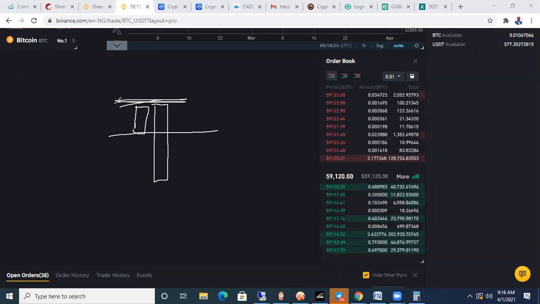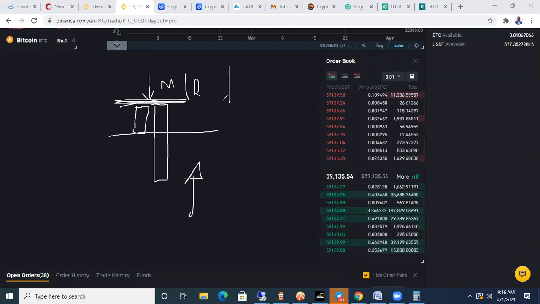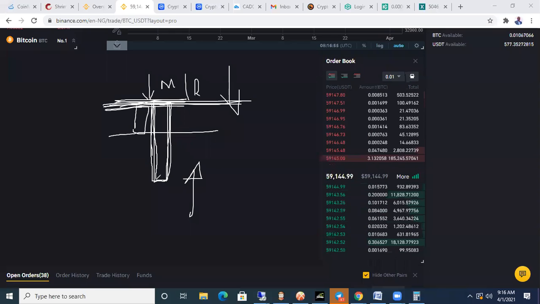This top part here could be a mitigation or a rejection, depending on where you're looking at it from, either from a bullish stance or a bearish stance, right? And in AQZ, we call this a violation. So when you have a bearish engulfing, you are saying that price will most likely continue to go down. So there was manipulation in this big candle. There was manipulation in the bigger candle, which is the engulfer.